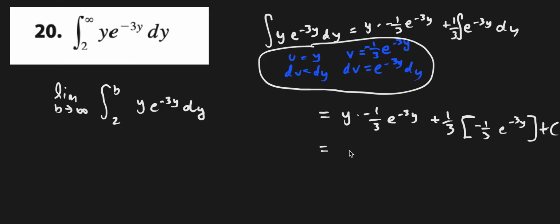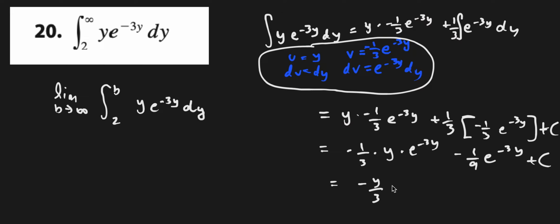So this ends up being negative 1/3 times y times e to the negative 3y minus 1/9 times e to the negative 3y. Yeah, this is just negative y by 3 times e to the negative 3y minus 1/9 e to the negative 3y plus c.